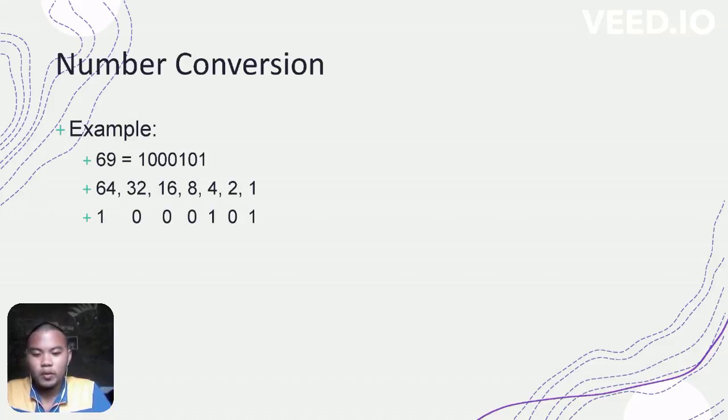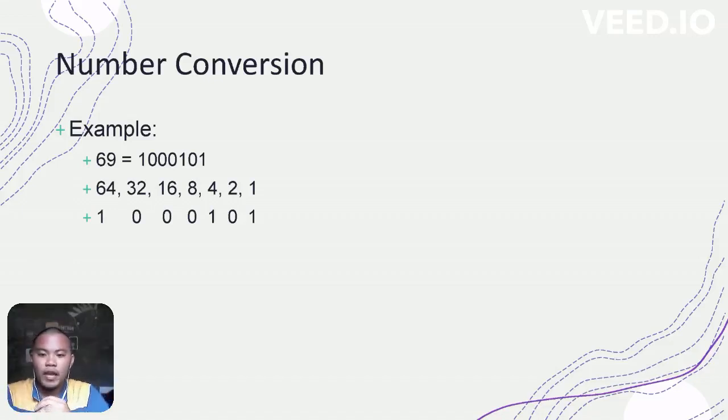These ones represent the numbers that we are adding to create 69. So 64 plus 4 plus 1 equals 69, which is how 69 is converted into binary.